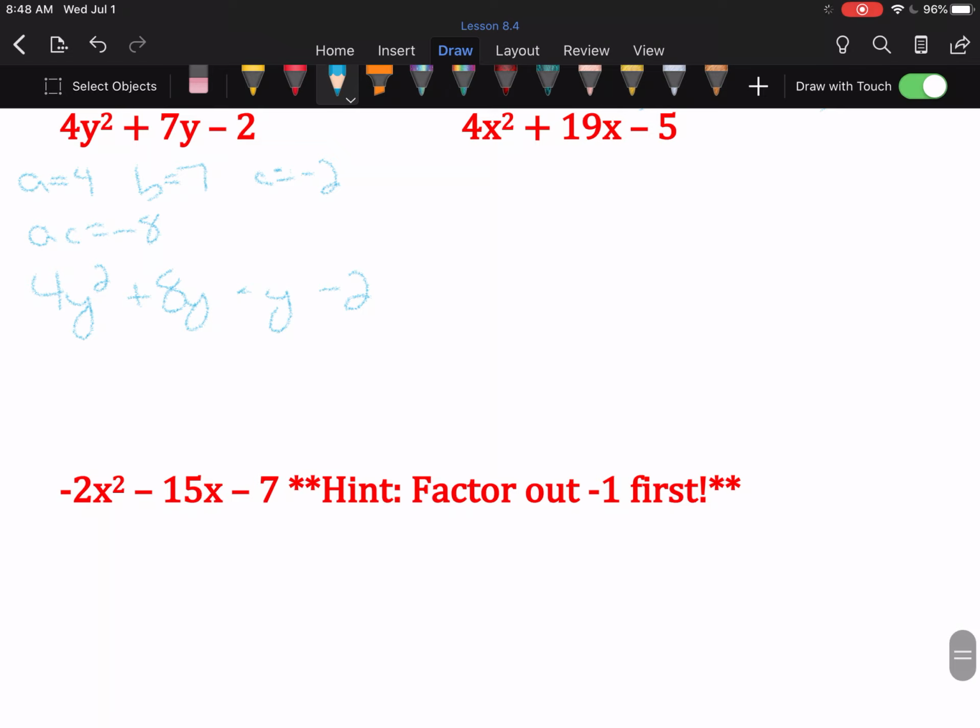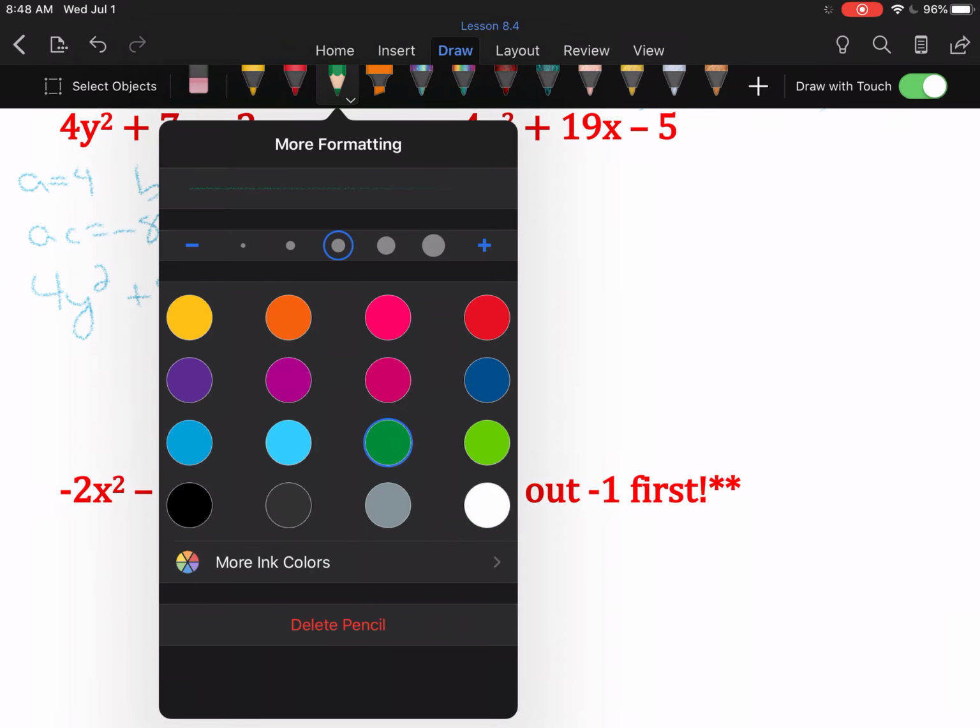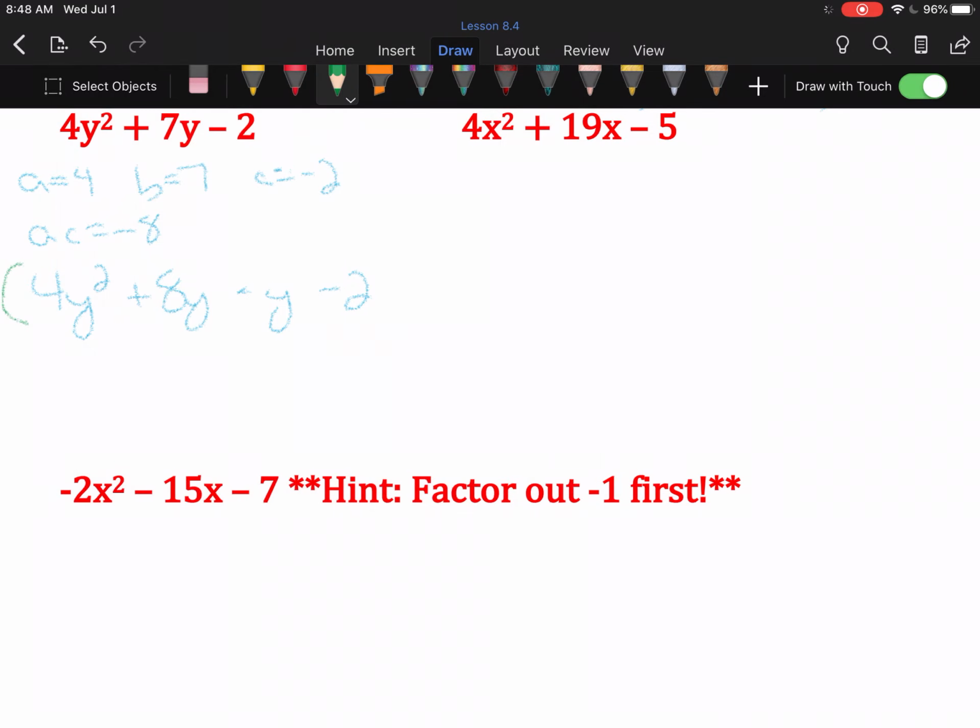Now we can group. So let's take the first two terms and the last two terms. In the first two, the common bit is 4y. That would leave me with y plus 2. And in the second set of parentheses, since I've got a positive y and a positive 2, and I need to have positive y and positive 2, I'm going to factor out a negative 1.